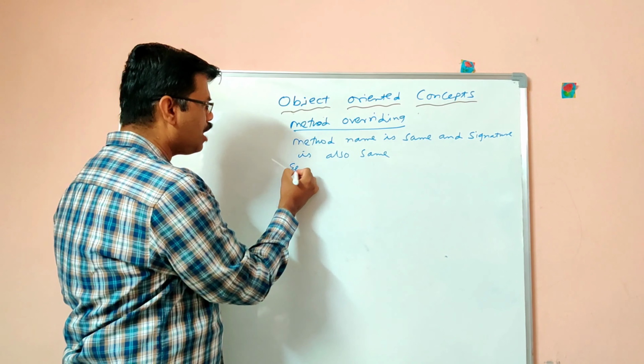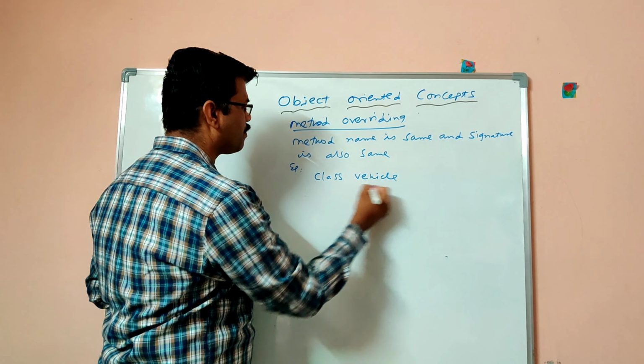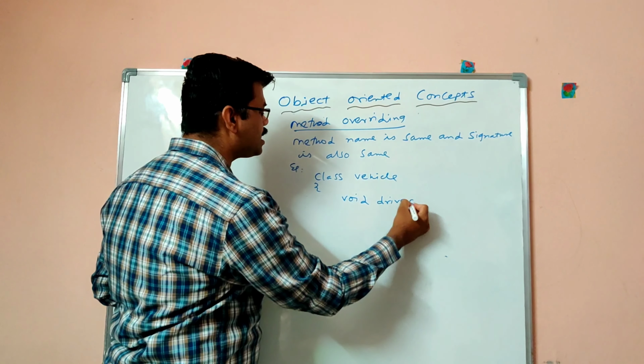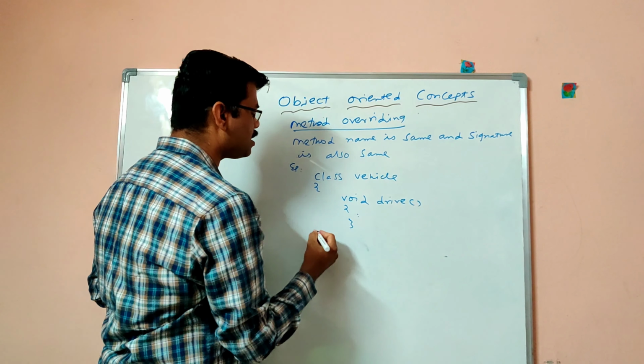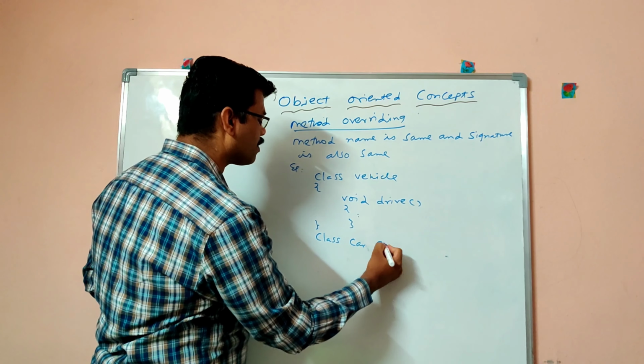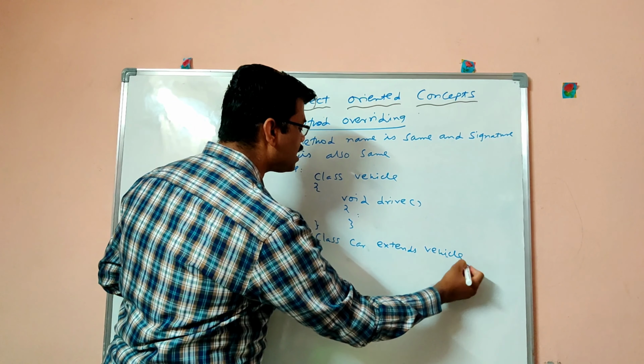For example, if you take a base class like vehicle, and a method here like drive with no arguments inside, and if you take a class car extends vehicle. So what is the keyword we have to use?